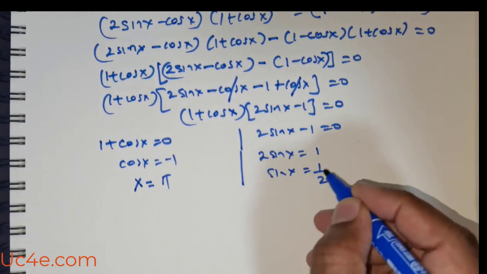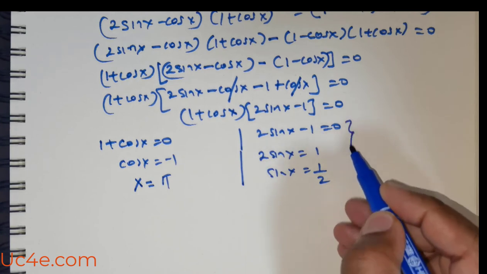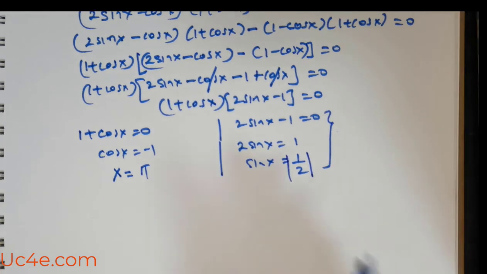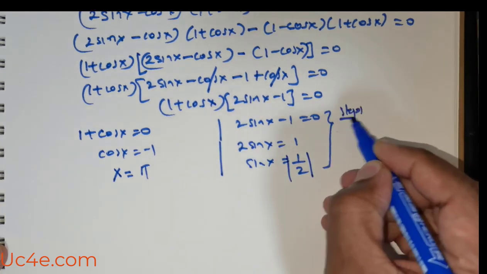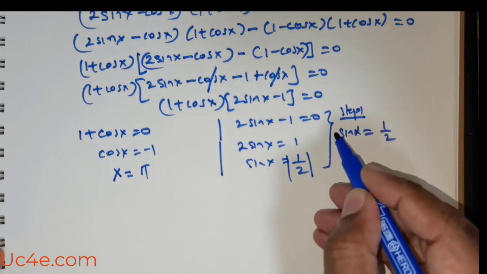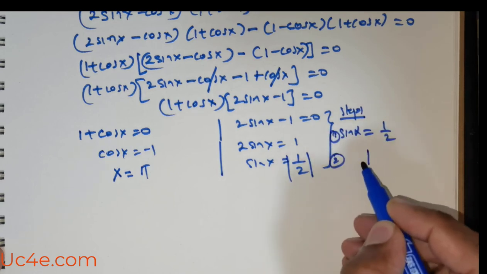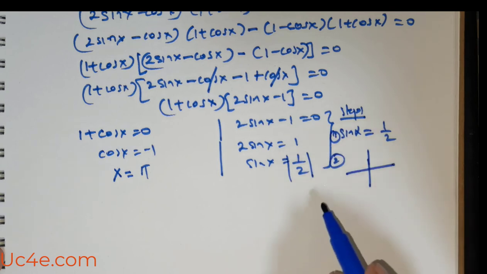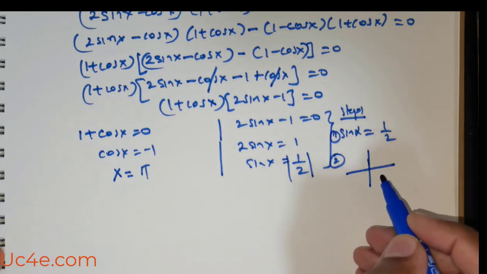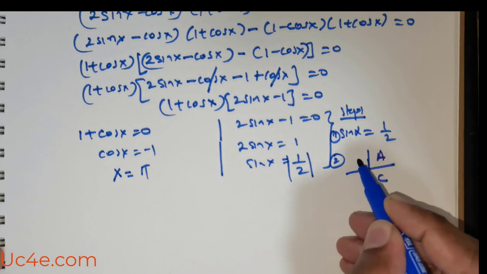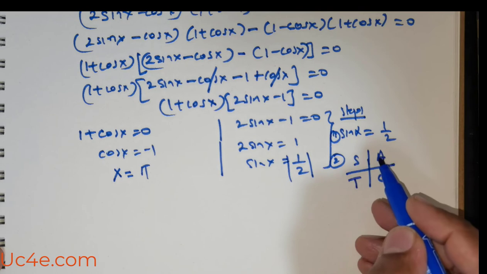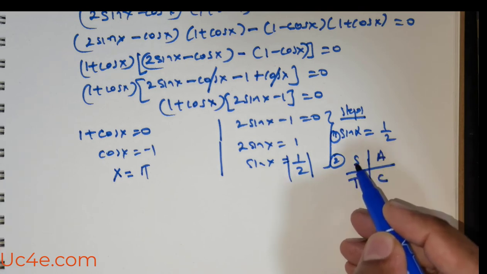Now over here we will have to obtain the principal solution. If I take the modulus, then step 1 would be sin alpha is equal to 1 over 2. Step 2, find out the quadrant in which the sine value is positive. If I take the CAST representation, all ratios are positive, sine alone is positive.